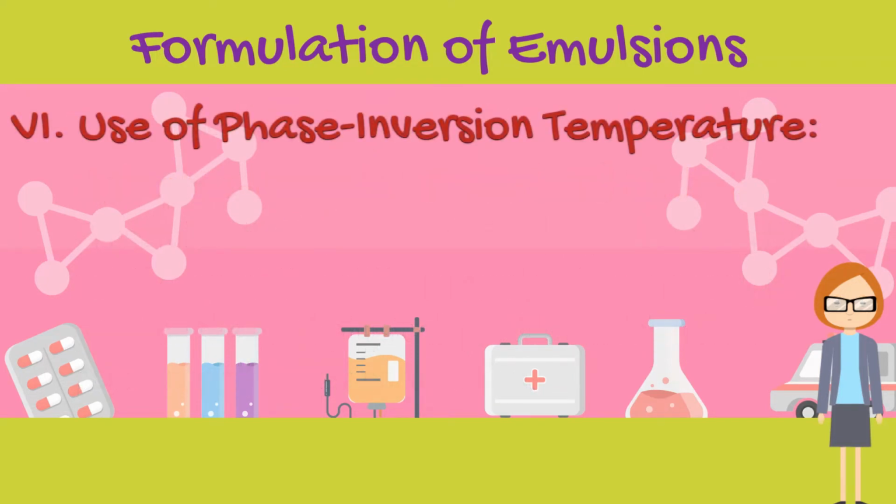Following that is use of phase inversion temperature. The use of the HLB system has several disadvantages, including the inability to take into account the effects of temperature, the presence of additives, and the concentration of emulsifier. It is possible to overcome some of these problems.